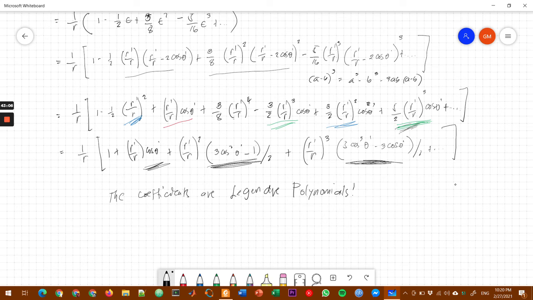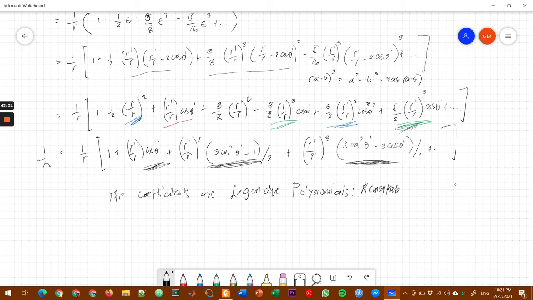Right? So, Legendre polynomials ang imong pag-solve. Nag-solve naman ta og potential sa charge distribution, di ba? And we found out nga ang ihang 1 over r, this is still 1 over r, ang coefficient is a Legendre polynomial. Remarkable, isn't it?